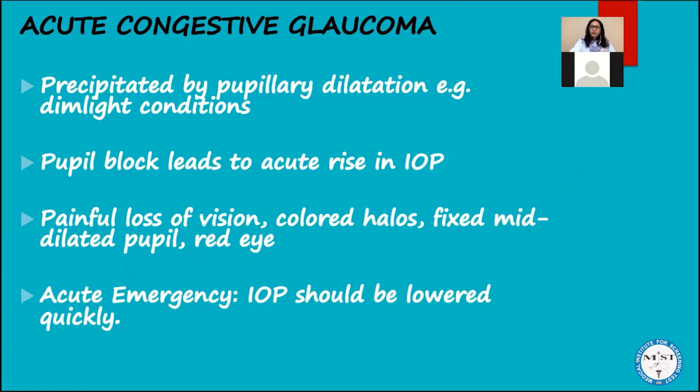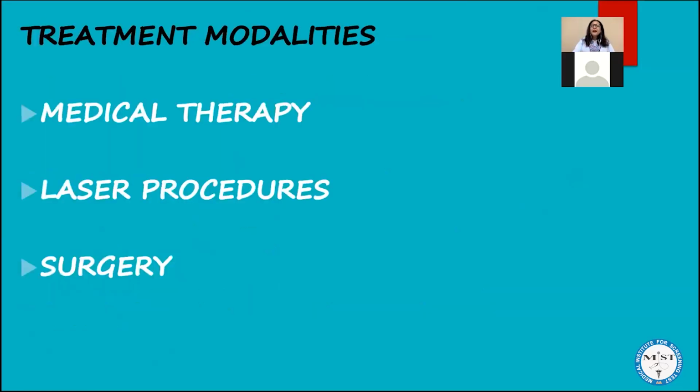So friends, now we know that a person can suffer from open angle glaucoma. The person can suffer from angle closure glaucoma, and in angle closure glaucoma, there can be an acute condition known as acute congestive glaucoma. Now how do I treat? The management or the treatment will depend upon the type of glaucoma. I have three modalities to treat a patient of glaucoma.